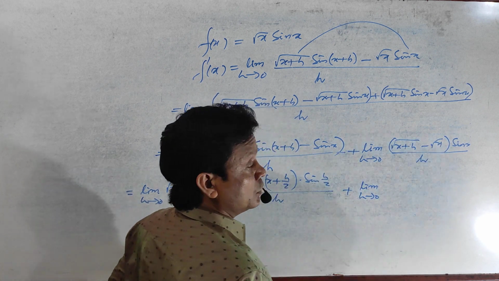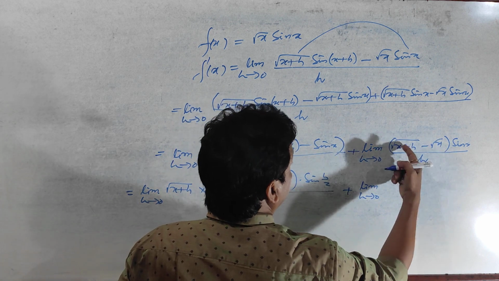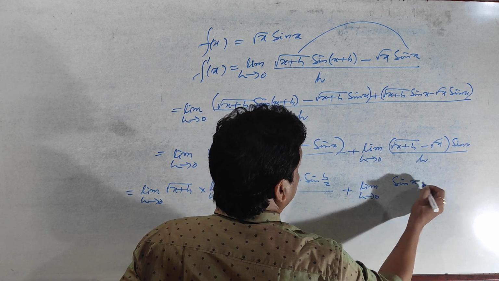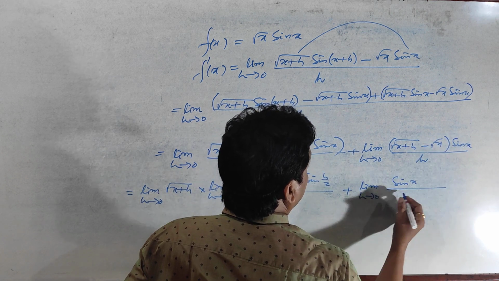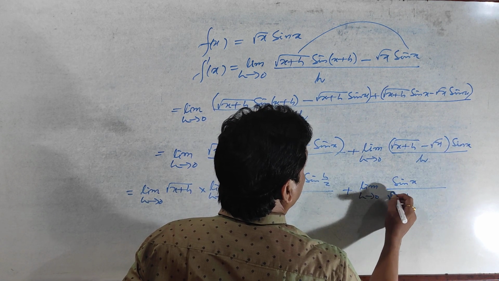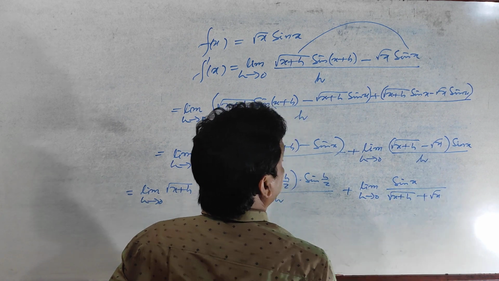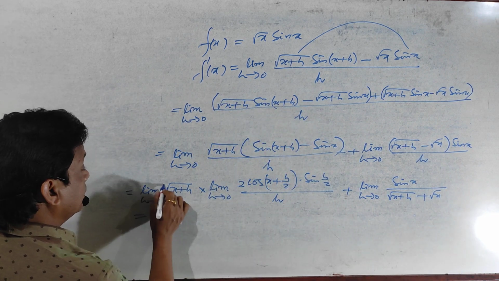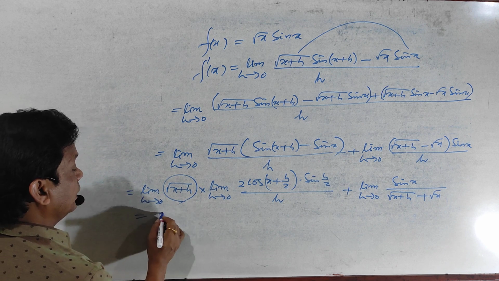You should multiply its conjugate in the numerator and denominator, so that the numerator x cancels out, and then h will cancel out. Sin x divided by root of x plus h plus root x. Everything I have written directly. Clear? And see here, put h is equal to 0, it becomes root x.